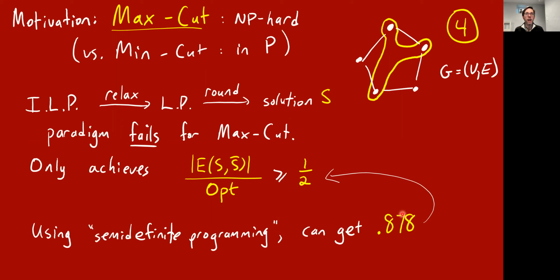It'll give you a polynomial time algorithm that returns a set S that always achieves at least 87.8% of the maximum cut, which is pretty great. And in fact, there's evidence that doing better than this 87.8% cannot be done in polynomial time. It's unique games hard, and we'll say what this means in a much later lecture of the course. Okay, so this is to psych you up for trying to develop a generalization of linear programming that will help us solve max cut.